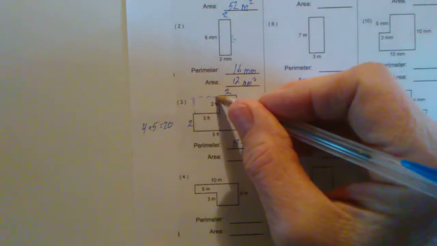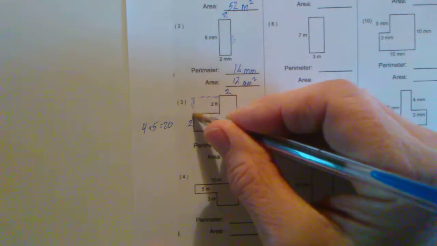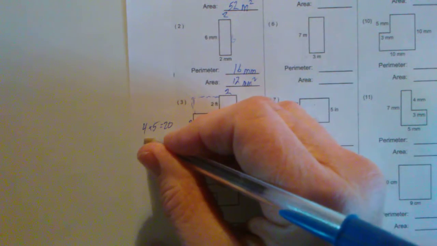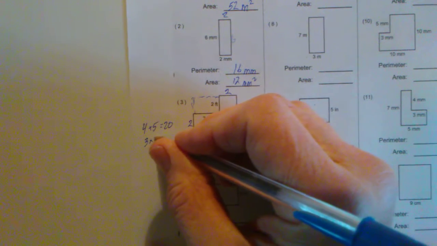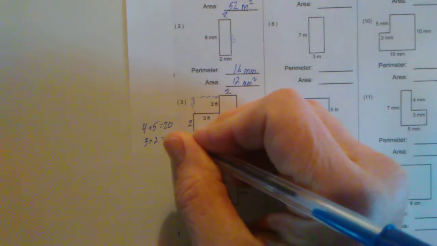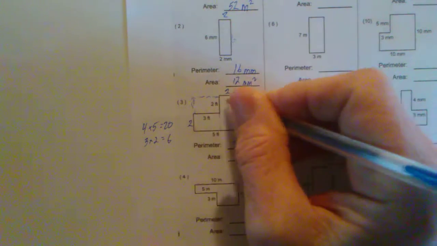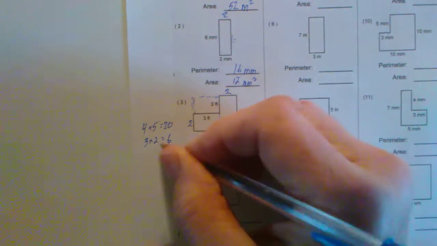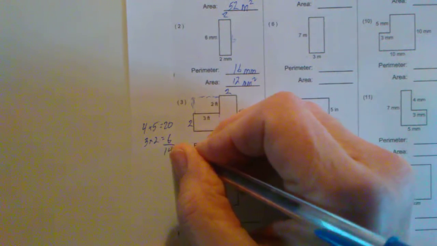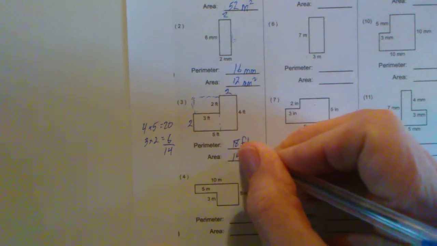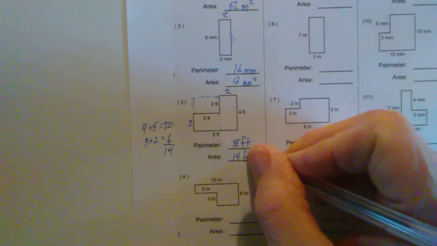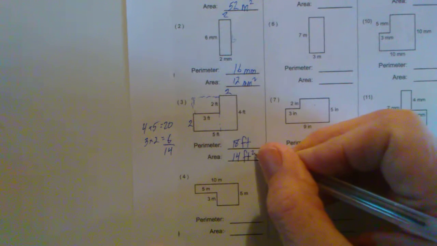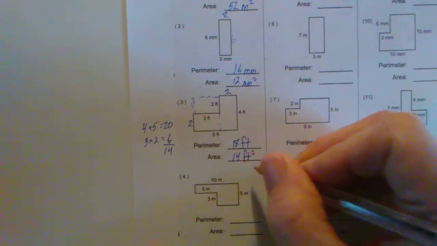Then I'm going to subtract this little piece over here, and that's 3 by 2 equals 6. I'm going to take 20 square feet minus 6 square feet: 14 square feet. You could write the word sq feet, or you could put feet squared. They write it this way too.